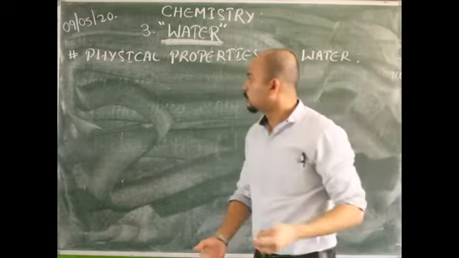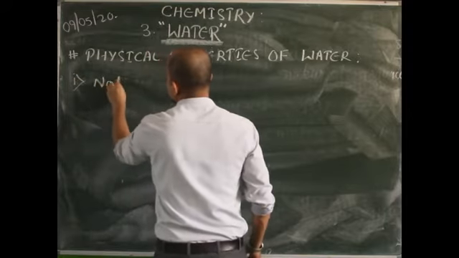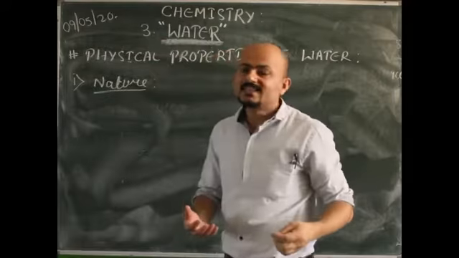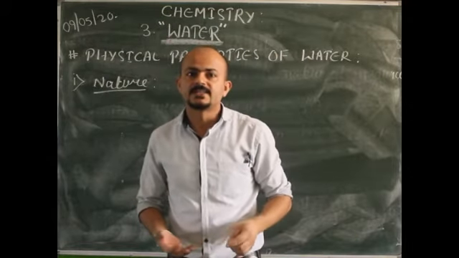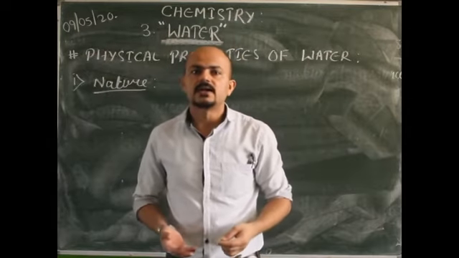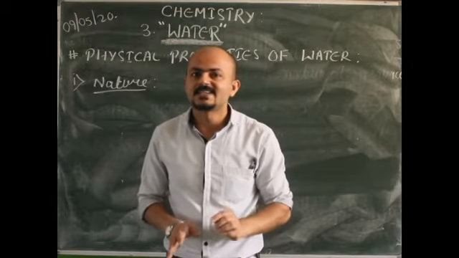Physical properties of water. The first one we are going to discuss is the nature of water. You have seen clean water. Clean water is what? Transparent, colorless, odorless, and tasteless.